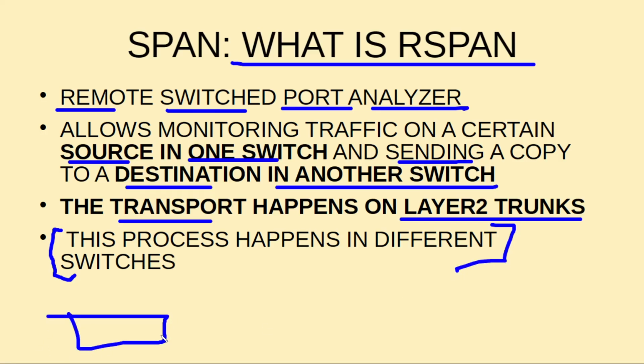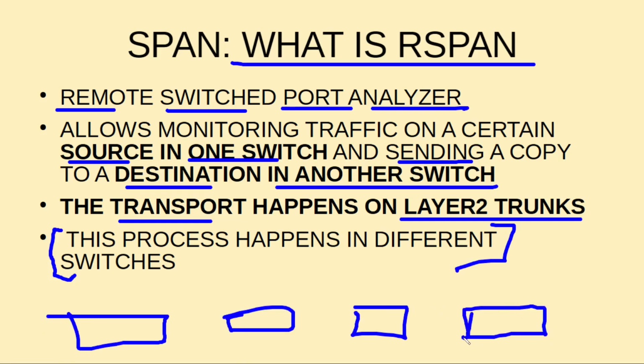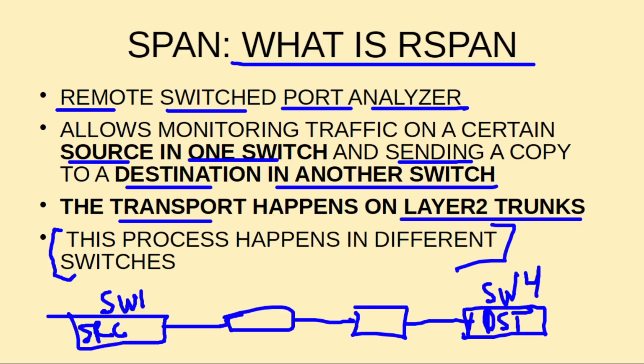So you may have different switches on your layer 2 deployment, and with RSPAN the source lives in one switch and the destination lives in another different switch. In order to make this work, you will need trunks. So you will need a trunk here, a trunk here, and a trunk here. And then you need to create a particular VLAN that we are going to call the remote SPAN VLAN, that you are going to create here, here, here, and here.